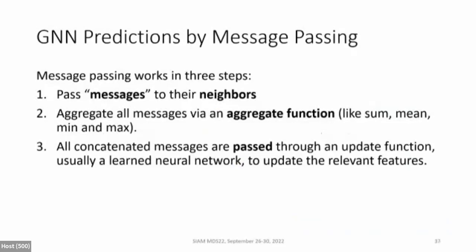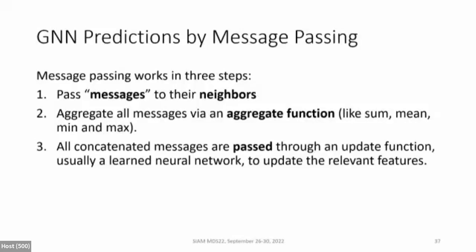In order to make predictions using the message passing framework, the framework works in three steps. First, for each node or edge, we can pass messages to all their neighbors.